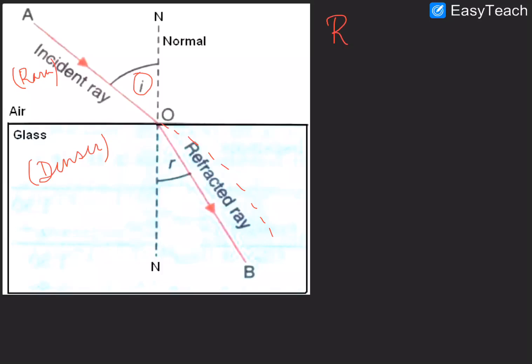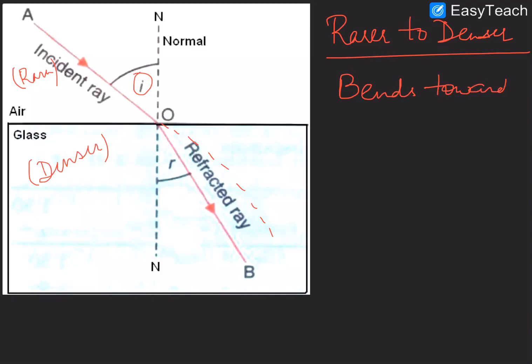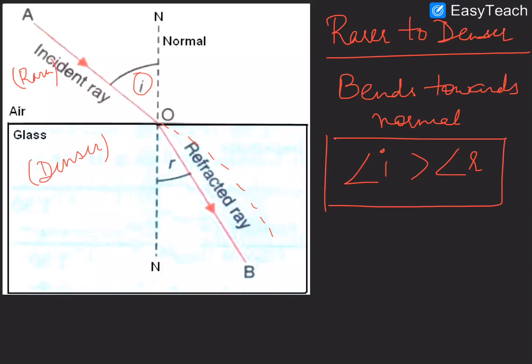So keep in mind that whenever light travels from rarer to denser, it always bends towards the normal. That is, the angle of incidence is greater than the angle of refraction in the case of rarer to denser.